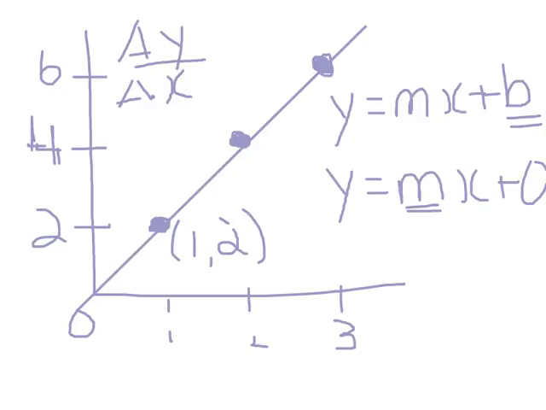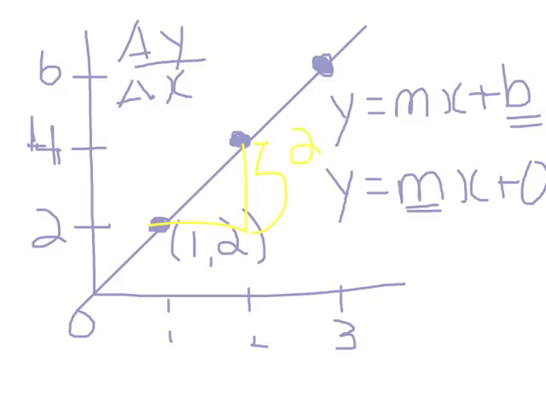Now if I go back to my graph and I want to change to a different color. If I want to look at my change in y, well, I look at y at 4, and if I go down to 2, what's the change here? Okay, well, it went from 2 to 4, so it's a change of 2.